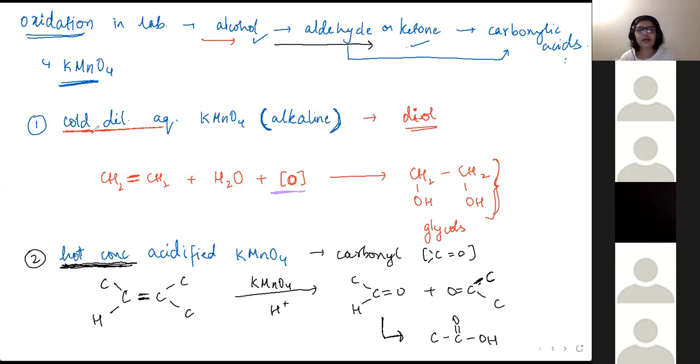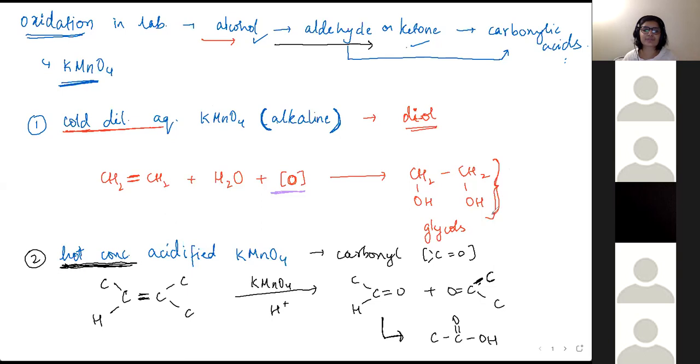Then, when we say reaction conditions, that's where you get your hints about how the reaction is done. If you come across cold dilute, it means you have less of the reagent available. So cold dilute aqueous KMnO4 gives diols, because OH is getting added to the double bond.